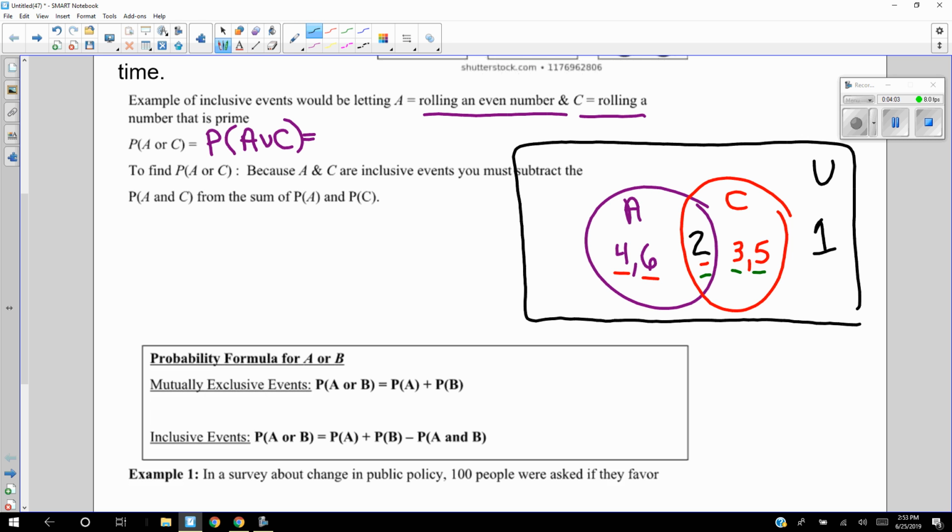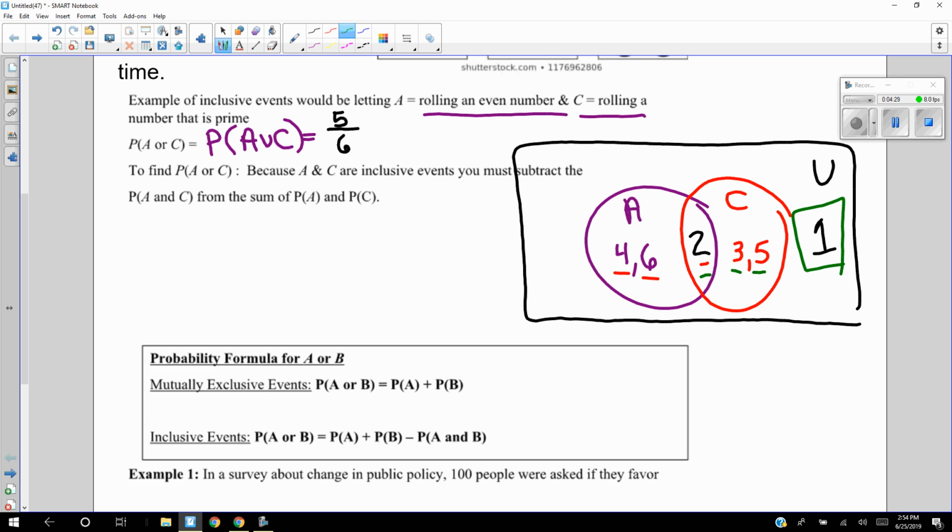So there's actually only 5 numbers out of 6. That should make sense, because if we said 6 out of 6, then that means there's a 100% chance that you would roll an even number or roll a number that's prime, and we've established that 1 is neither one of those things. So there's a 5 out of 6 chance of event A or event C occurring.